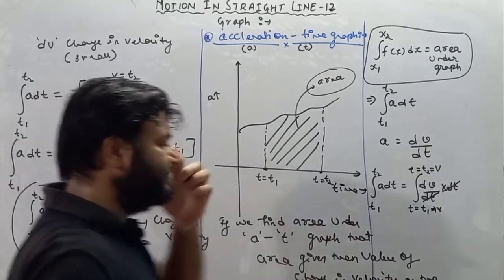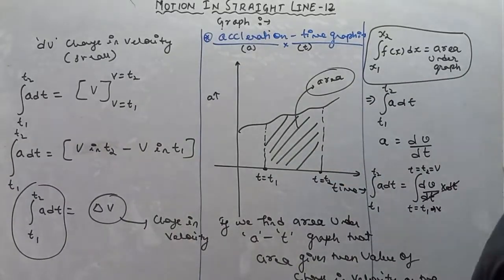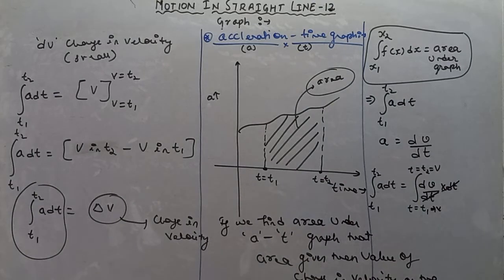Remember this thing, my dear student. If we find the area under the acceleration time graph, then that area gives the value of change in velocity with respect to time. I hope you all understand this thing, my dear student.